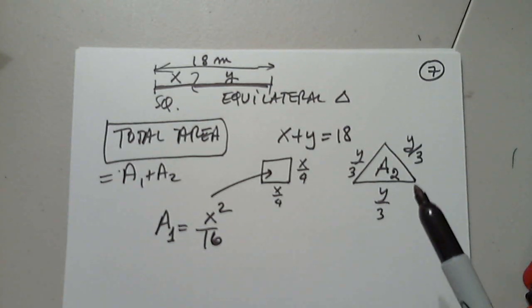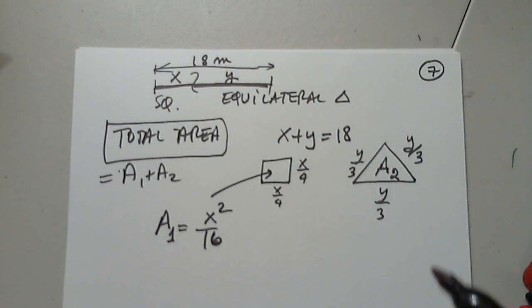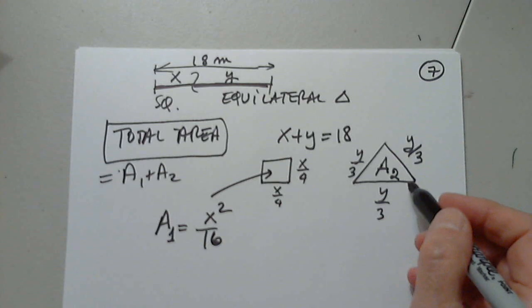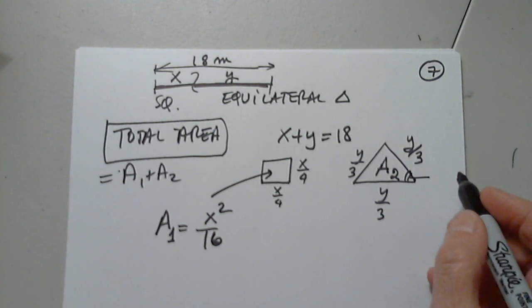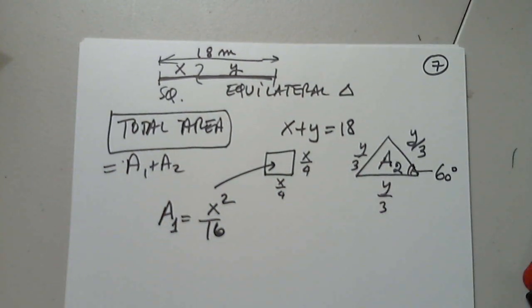In order to find the area of an equilateral triangle, remember that not just the three sides are equal, but also the angles are all 60 degrees. 60 times 3 is 180.